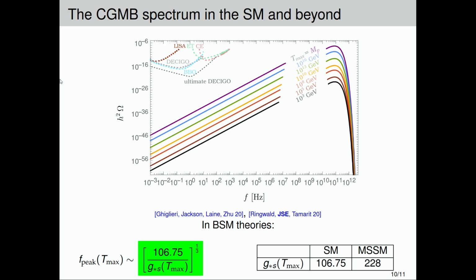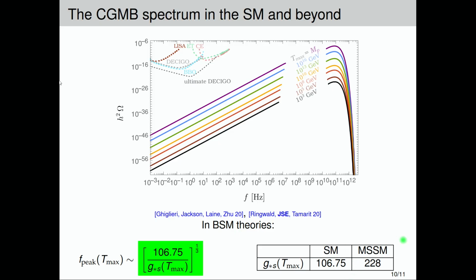Okay, good. So I'm showing you my last slide. That's the spectrum that contains only single graviton production processes in the standard model. One important feature is that the peak frequency here scales with 1 over the effective degrees of freedom at the maximum temperature to the power of 1/3. This is kind of nice to distinguish different particle physics models at ultra-high temperatures, because this g star function is 106 in the standard model.